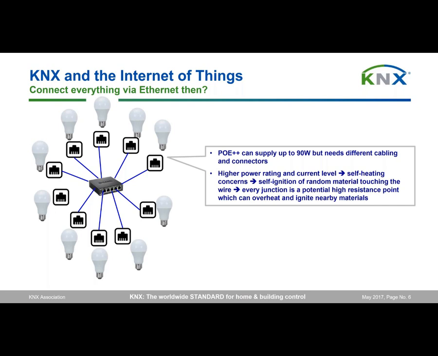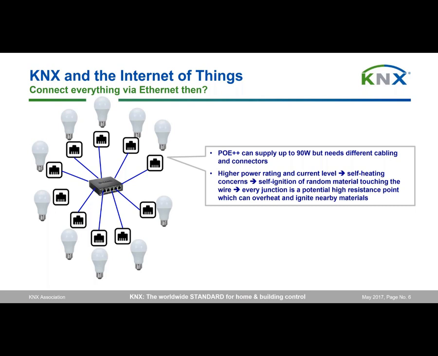Currently, with the Power over Ethernet++ solution, it is even possible to supply up to 90 watts, but there is a need to use different cabling than normal Ethernet, and you also need to use different connectors.